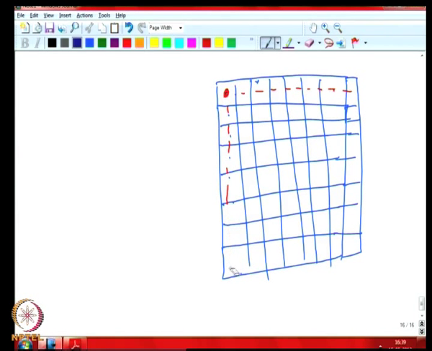You can place another rook, say maybe here, that is okay. But once you place this rook here, it will attack anything placed in this row or column. Any other rook, you can place maybe here, because neither attacks the other. But once you place this, it will attack this row and this row.